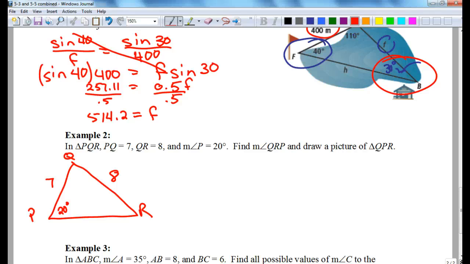So it wants to know R. We don't know what R is. So how would I go about finding that angle? Yep. Sine of 20 over 8.